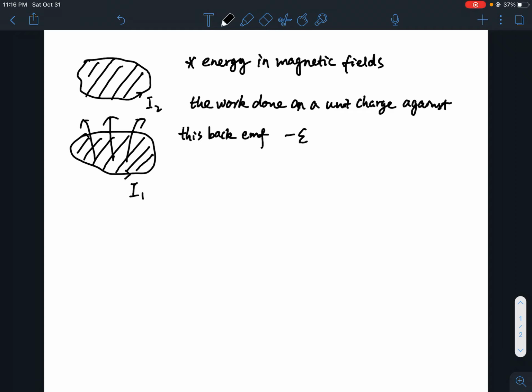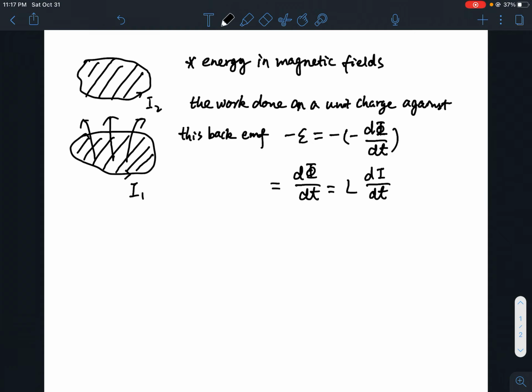We know that epsilon is really minus d phi over dt, the rate of change of this magnetic flux. And phi, we said, is really L, the self-inductance, times I, so d phi over dt is L dI over dt.